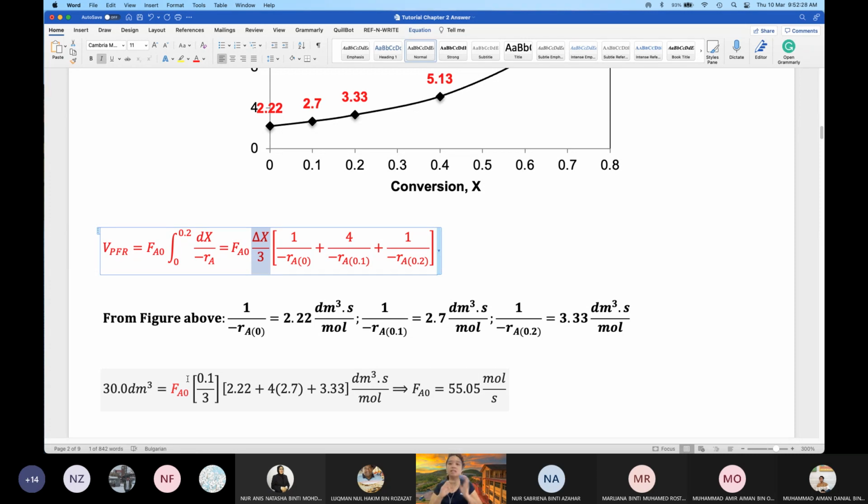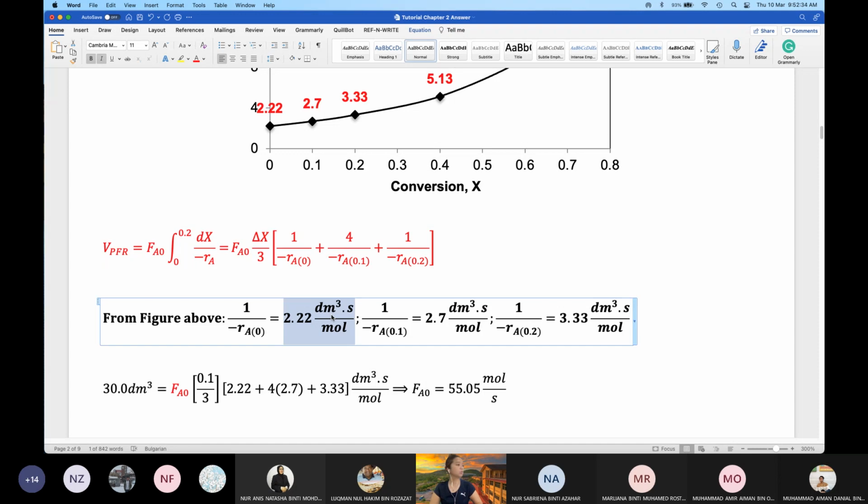So we divide by 3. In the bracket, substitute in the value. When my X is 0, 1 per minus RA is 2.22. So replace 2.22. Straight away ganti nombor sebab 2.22 itu adalah 1 per minus RA apabila X saya kosong. Plus 4. Don't forget ada 4. So 4 multiply with 1 per minus RA when my X 0.1.